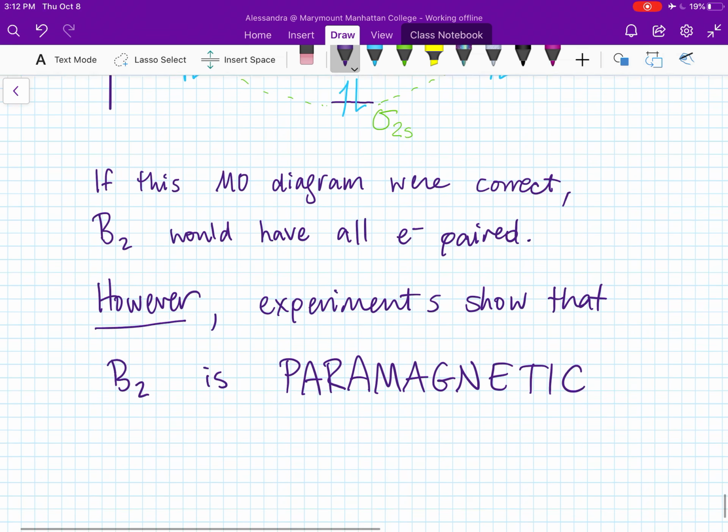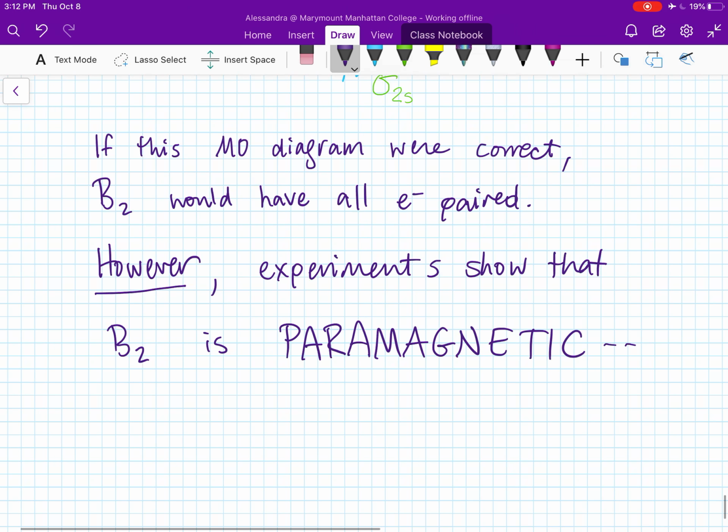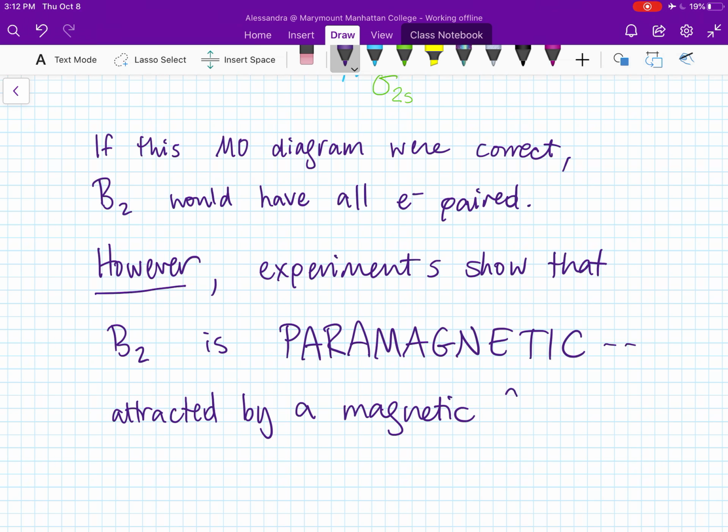What does it mean? Paramagnetic means that when you put the molecule into a magnetic field, if it has unpaired electrons, it's going to be attracted by the magnetic field. So this is attracted by a magnetic field, and that only happens when the molecule has unpaired electrons in it.